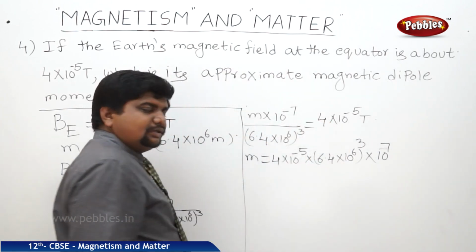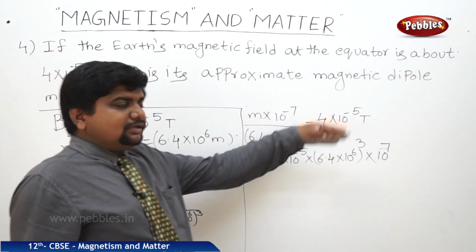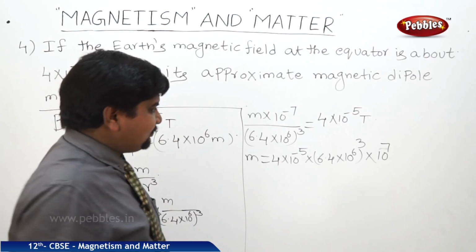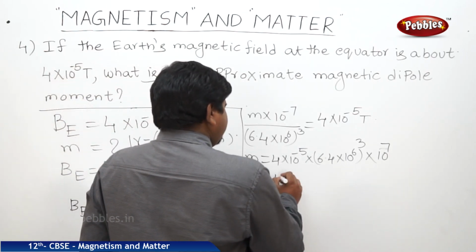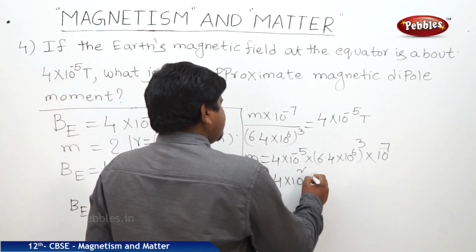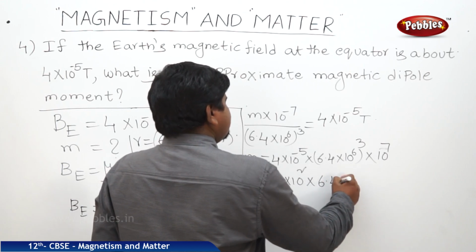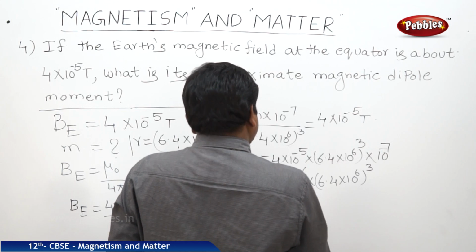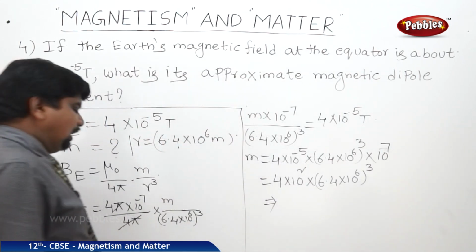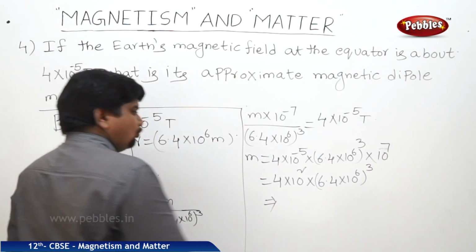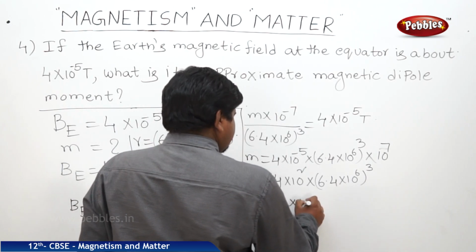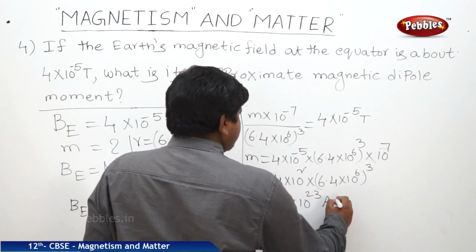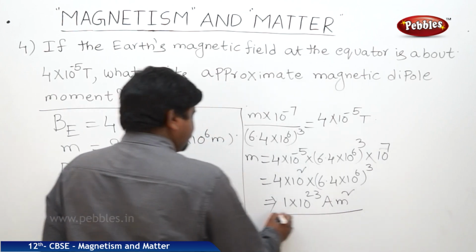Because the 10 to the power of minus 7 goes up as 10 to the power of plus 7. So we will get 4 into 10 square into 6.4 into 10 to the power of 6 whole cube. Then the answer we will get is 1 into 10 to the power of 23 Am square.